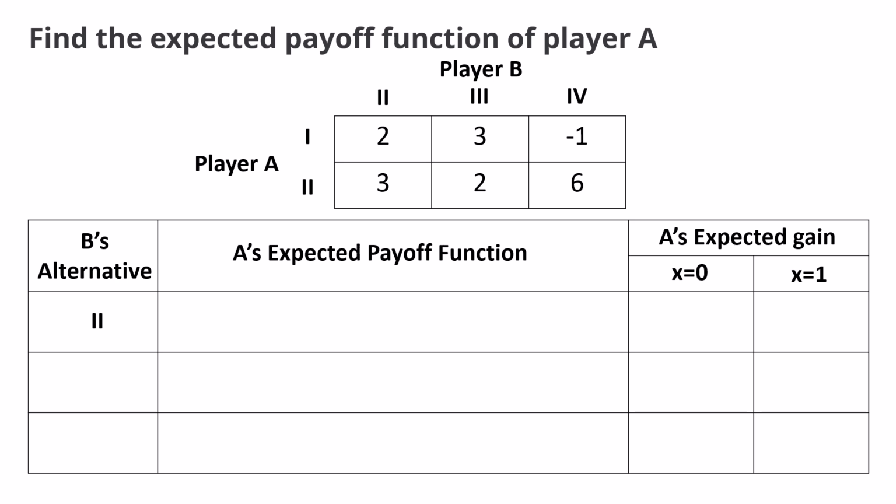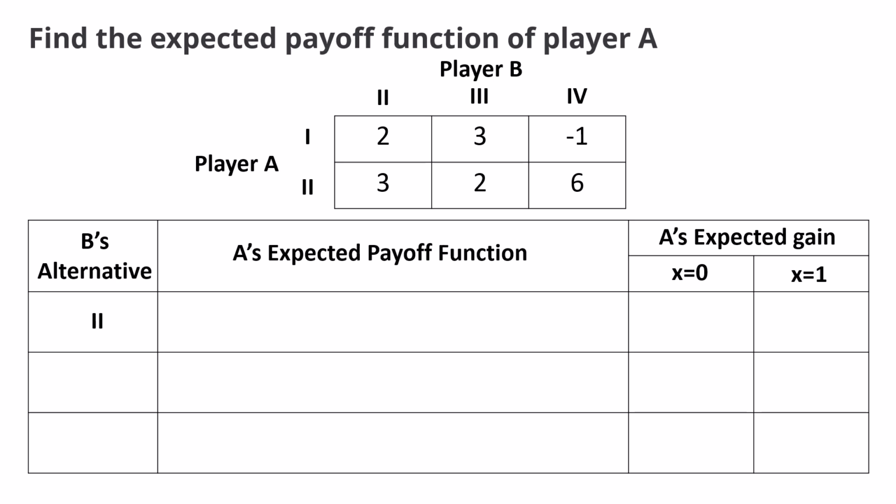And if player A plays the second strategy when player B is playing the first strategy, then the probability of the second strategy will be 1 minus x, because x is the probability of getting the first strategy, and the probability of getting the second strategy will be 1 minus x.